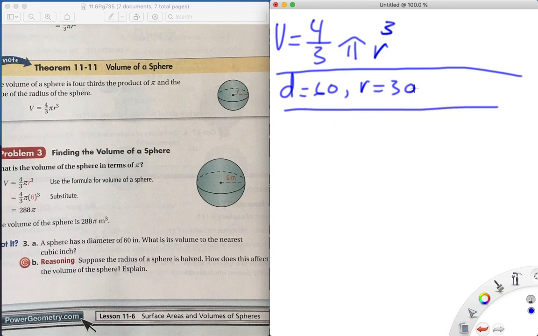So all I would have to do is plug in 30 for the radius. So the volume would be 4/3 times 30 cubed times pi. They want the volume to the nearest cubic inch, so I'm still going to do one as pi and then one as the cubic inch.